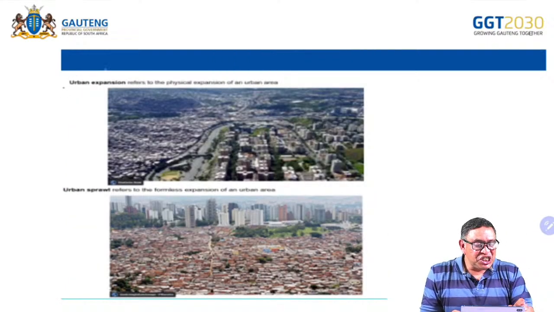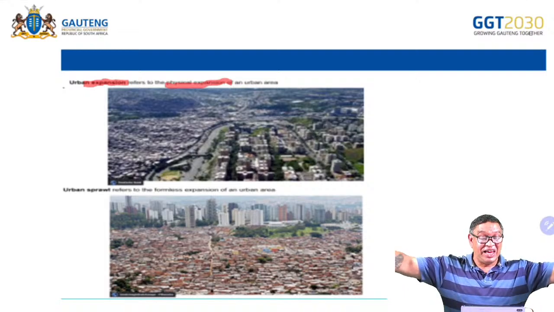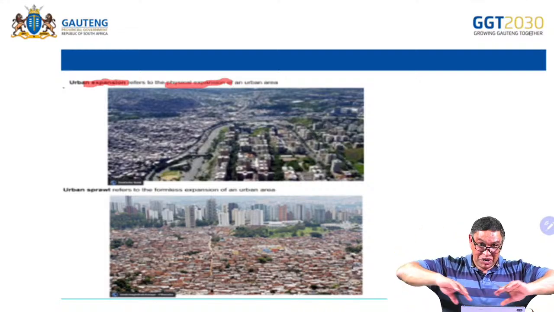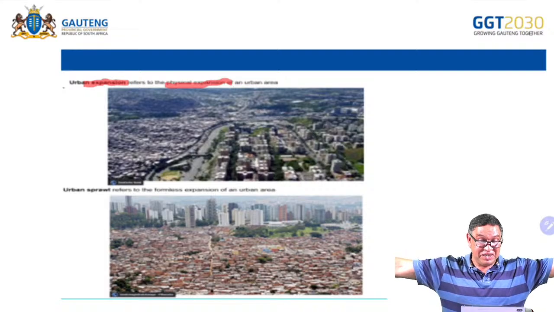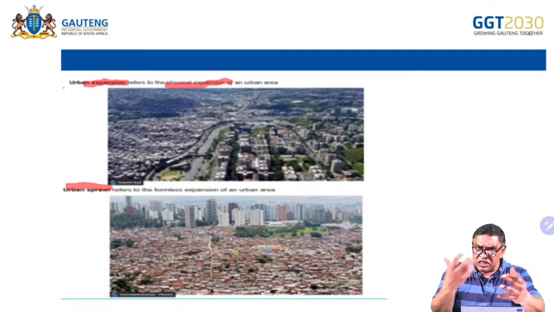Urban expansion, and I do apologize, it didn't come out as clear, is the physical expansion, the urban area growing in size, bigger and bigger. Urban sprawl: many learners mix this up.